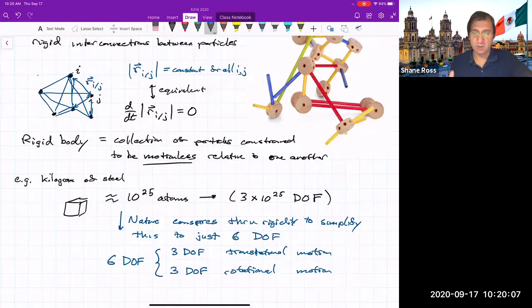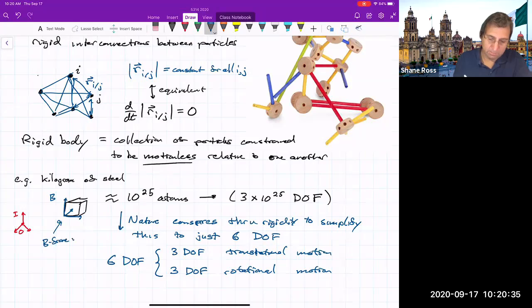3 degrees of freedom for translational motion should make some sense. Suppose I sketch an inertial frame, and then attached to this body, I've got some body frame. This is our body frame. The B frame is the body-fixed frame, attached to the body.